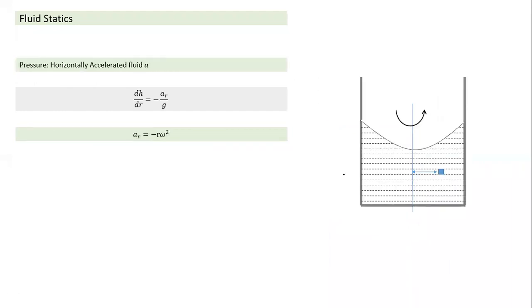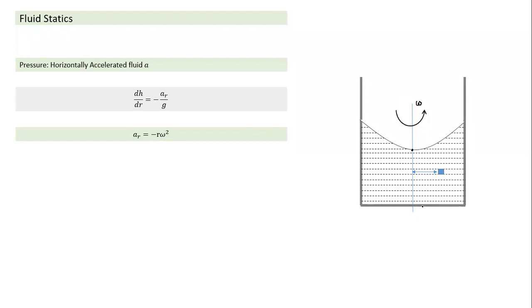Okay, and this is something you would have experienced. Most of you will observe it every day. If you have a cup of tea and you stir it, we always find the level of the tea, or any liquid we stir, changes. Stirring means we are giving an angular velocity omega.